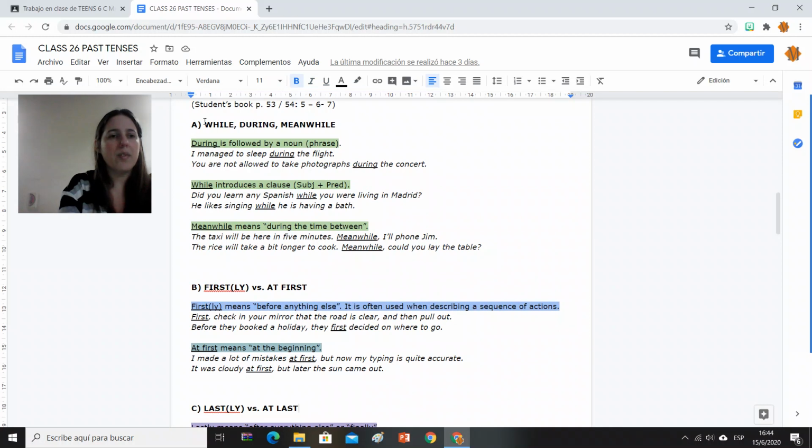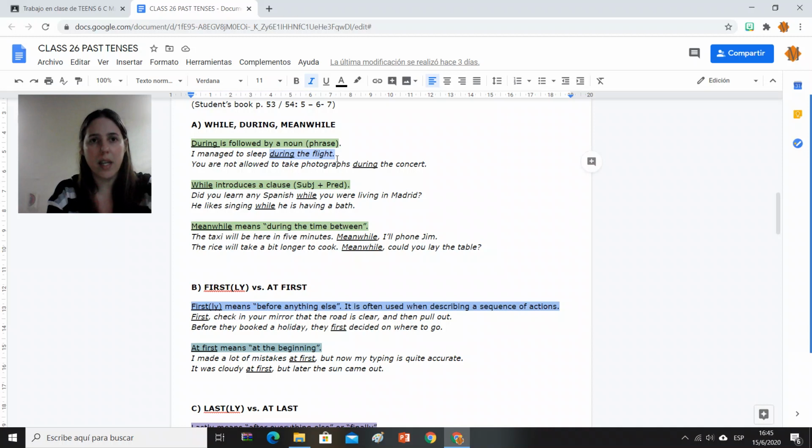Subo el documento y vamos a empezar por while, during and meanwhile. During means durante. And it's followed by a noun, ¿ok? Siempre después que tengo during necesito un sustantivo. I managed to sleep during the flight. You're not allowed to take photographs during the concert.